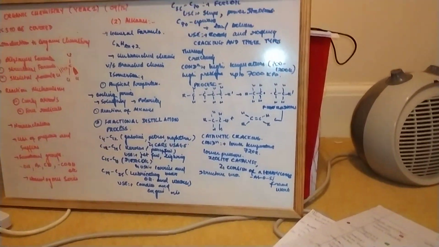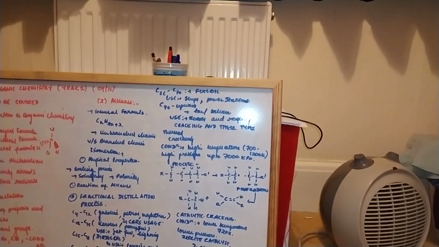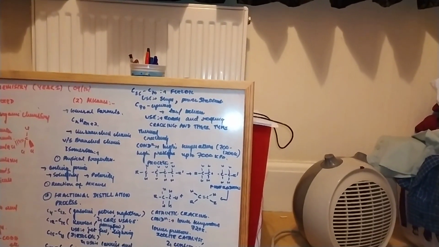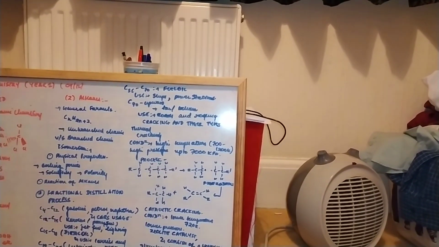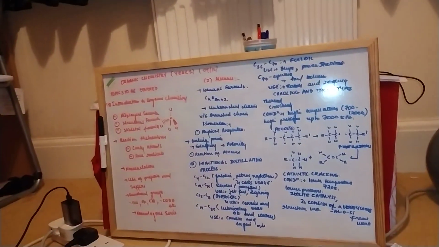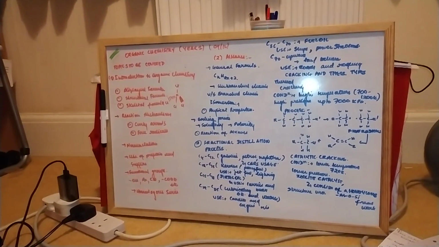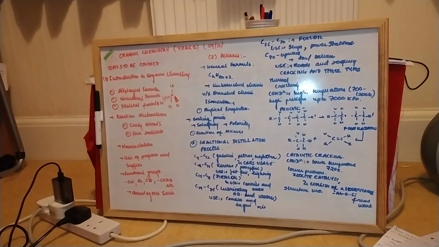Then we come to the physical properties of alkanes. What are the physical properties of our alkane molecules? The first property is polarity.